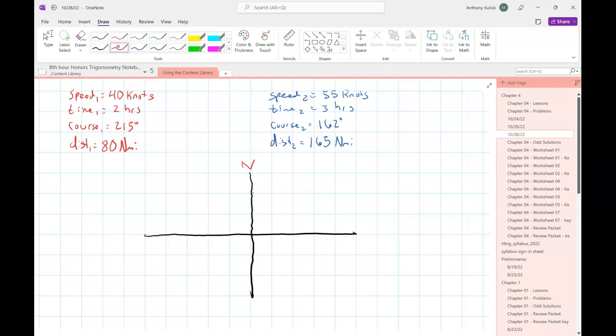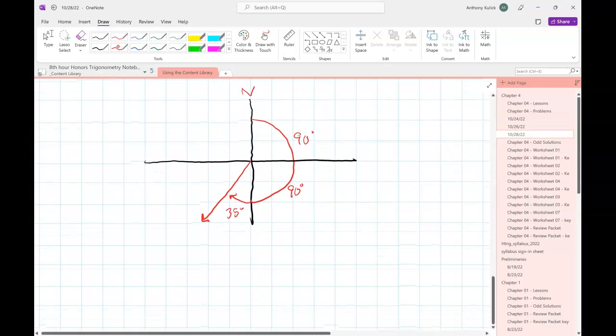So starting at north, rotating clockwise, that's 90, that's 180, and then like 35 more. Everybody agreed with that?